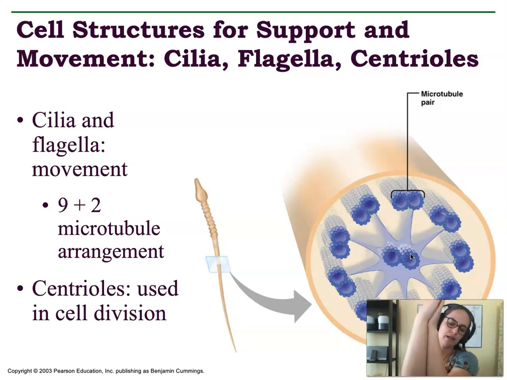So each of these pairs is going to essentially rub against the other, and collectively, when this 9+2 microtubule arrangement is operating, those individuals rubbing against each other is going to collectively cause the movement of either the cilia or flagella. So that 9+2 arrangement works in both the cilia and flagella to cause movement.